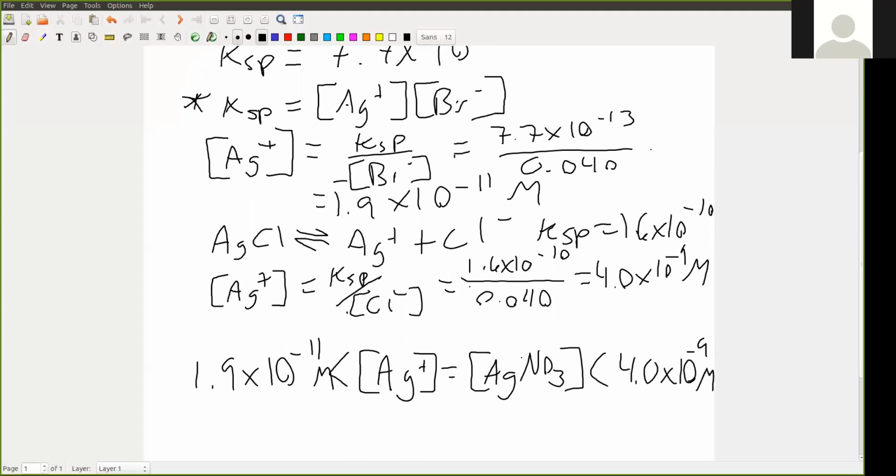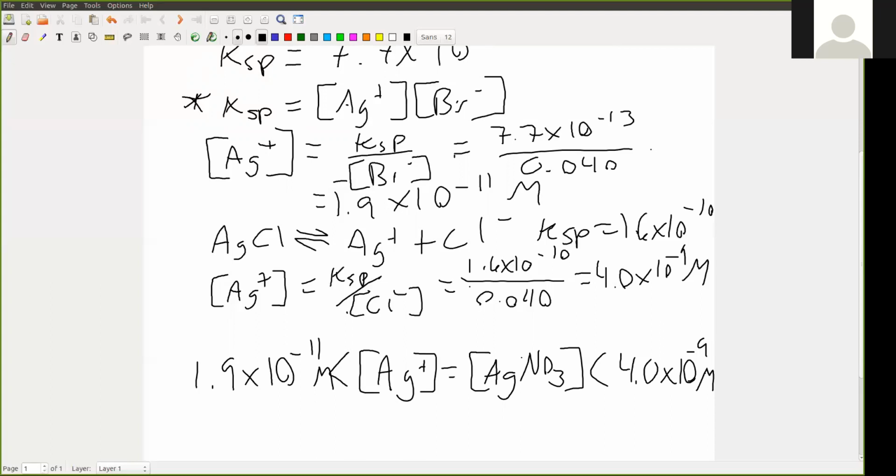Otherwise, you'll start precipitating silver chloride solid. So to get just silver bromide and no silver chloride, it has to be somewhere in between.